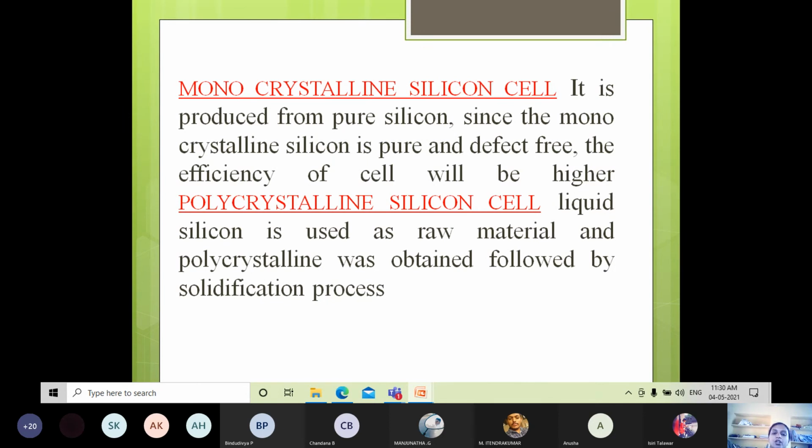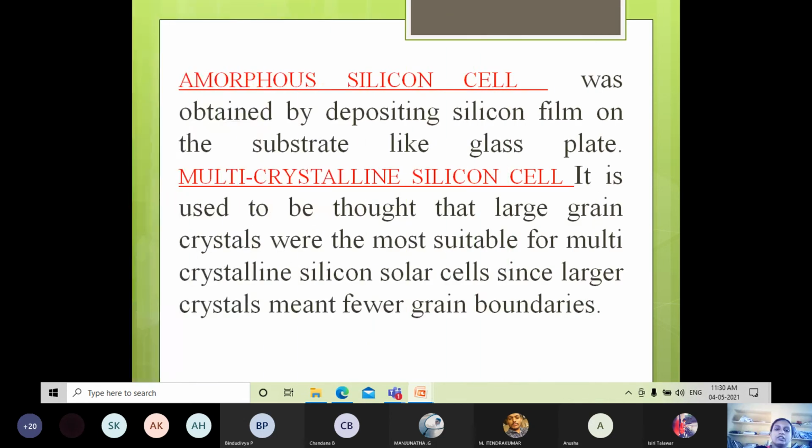When you come to the polycrystalline silicon cell, liquid silicon is used as a raw material, and polycrystalline silicon is obtained by a solidification process. The amorphous silicon cell is obtained by depositing a silicon film on a substrate like a glass plate.